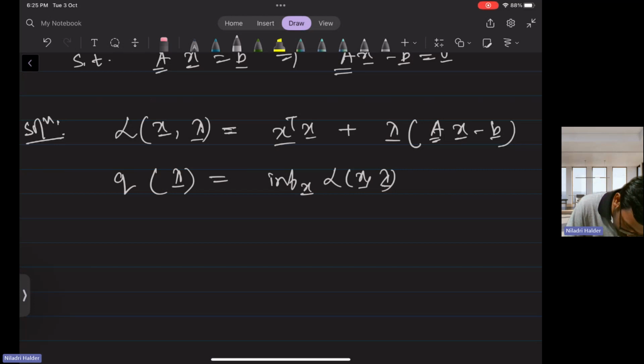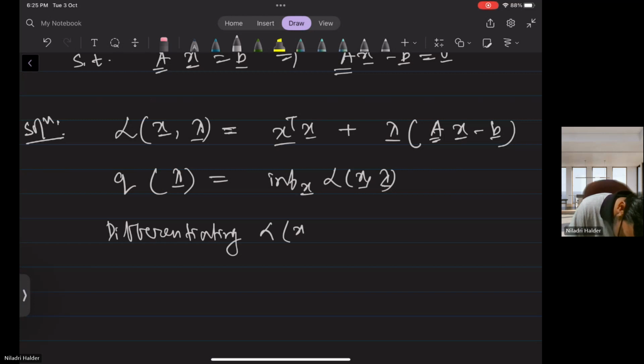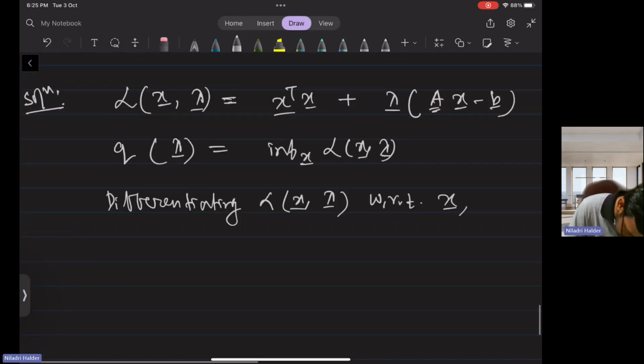So differentiating with respect to x, we will get 2 times x plus A transpose lambda is equal to 0.